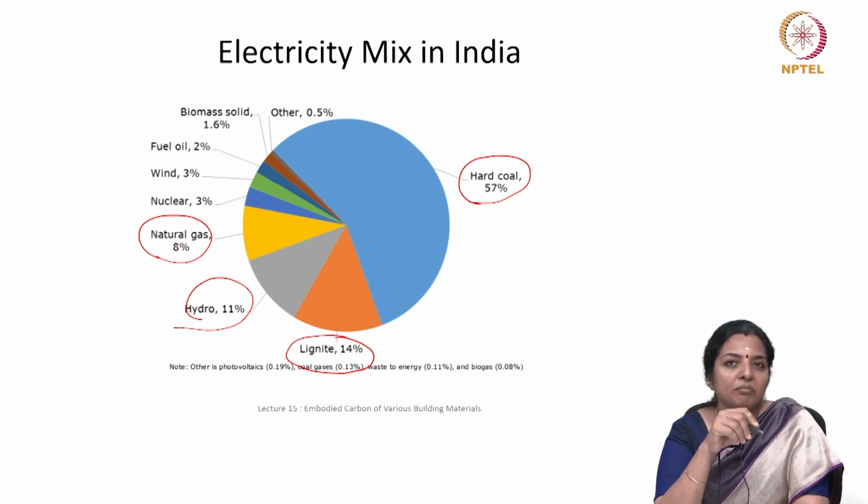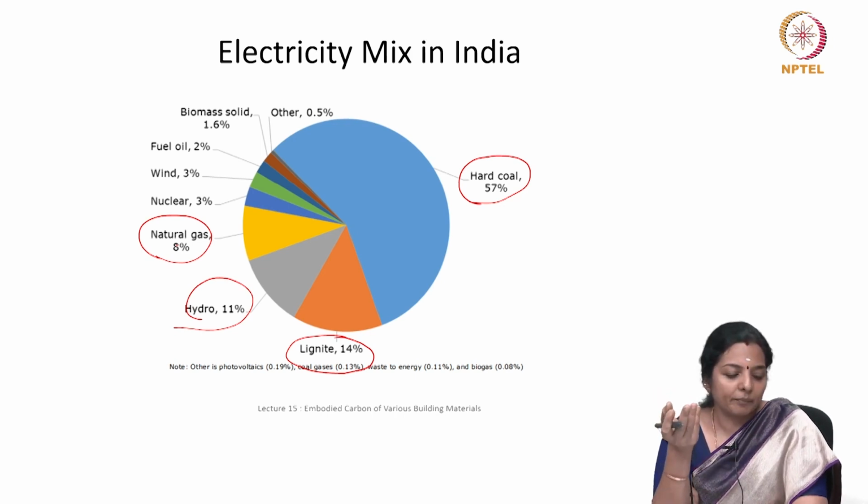What is shown as other is composed of, say, photovoltaic, which is about 0.2% in this.